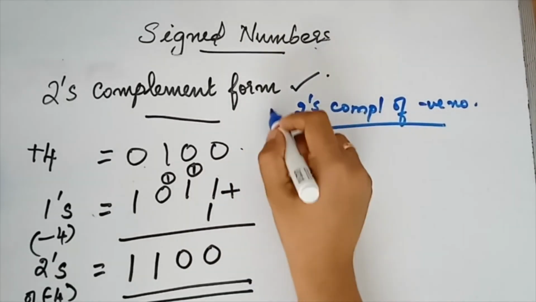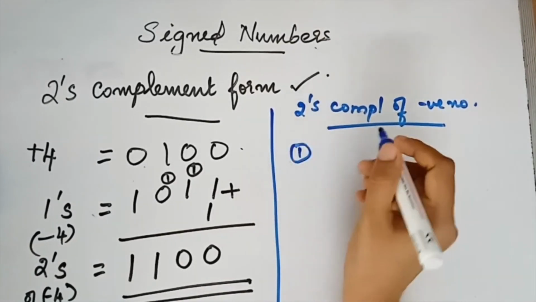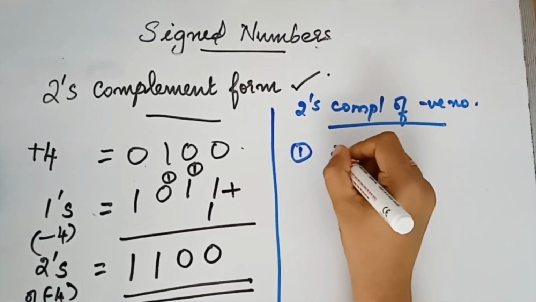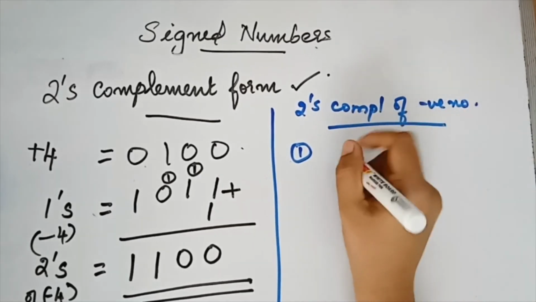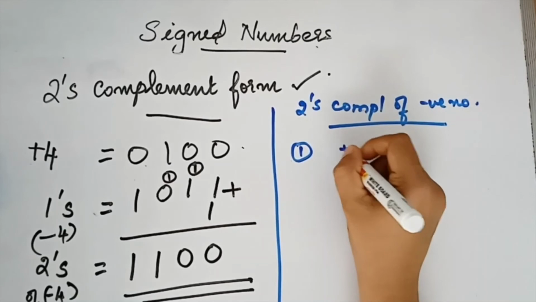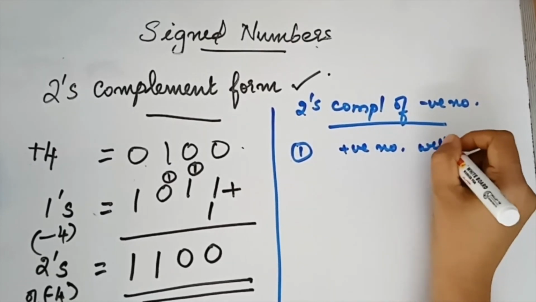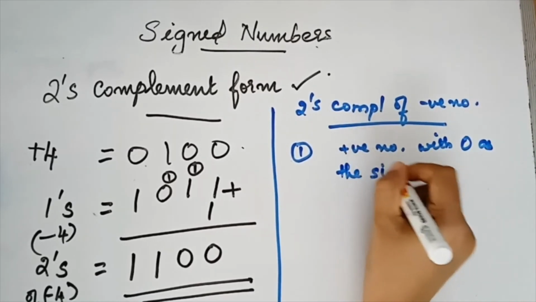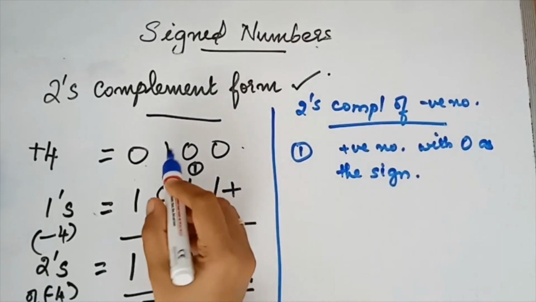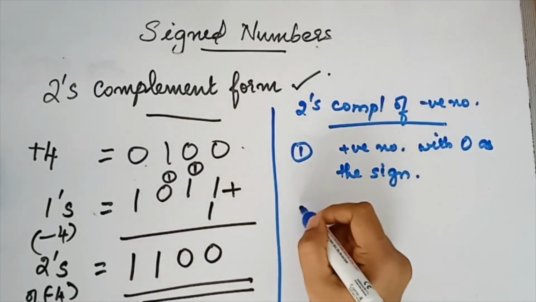So 2's complement form, in order to find it out, first write the positive number with 0 as the sign. Okay, positive number 100 with 0 as the sign.